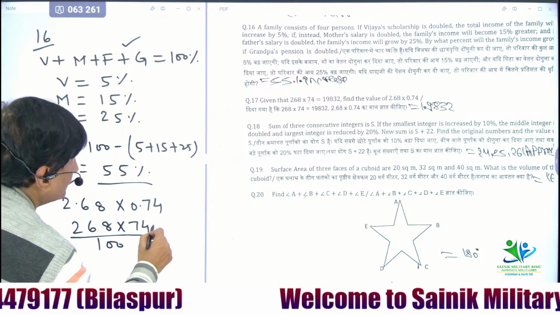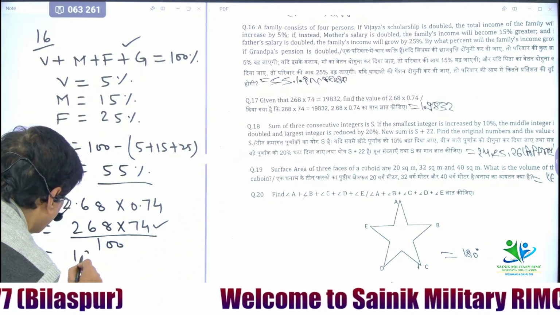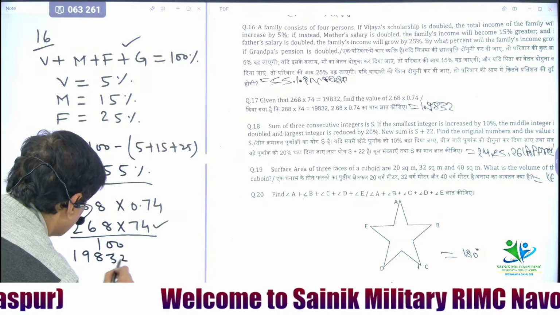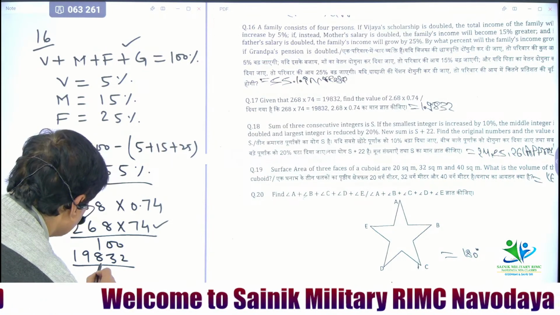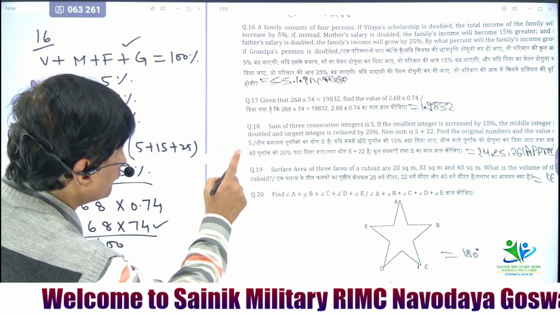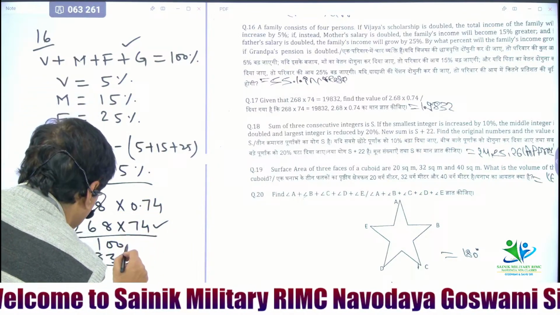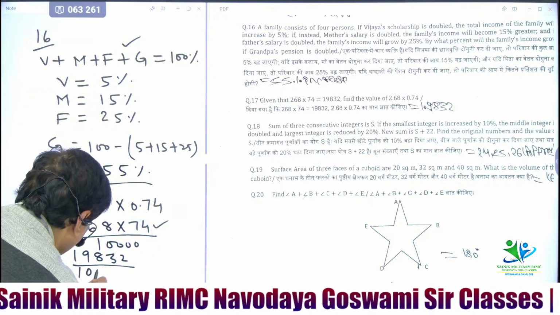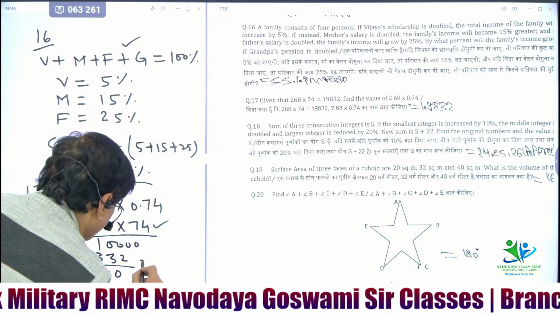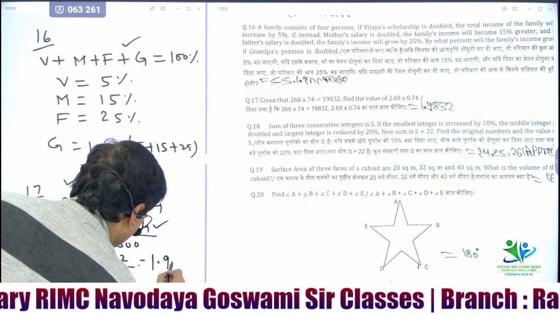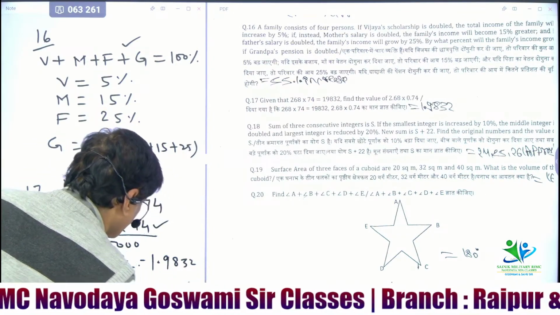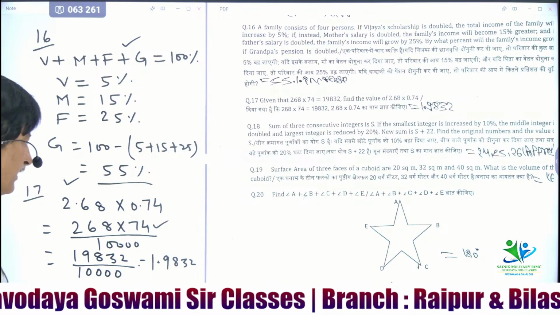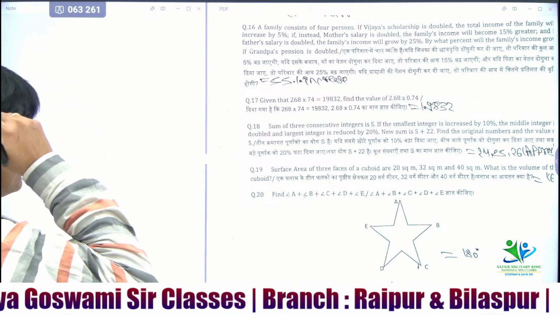And the product of these 2 numbers is given, 19832 divided by 100. Here we have 2.68 and 0.74, therefore, 4 zeros are there. 2, 3, 4. And therefore, your answer is 1.9832. Very easy question.